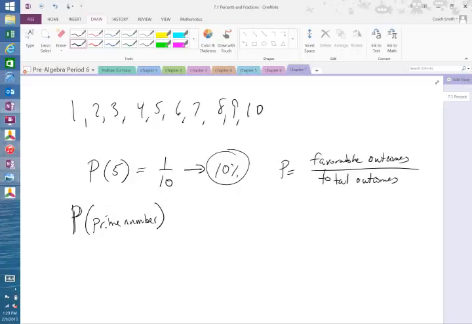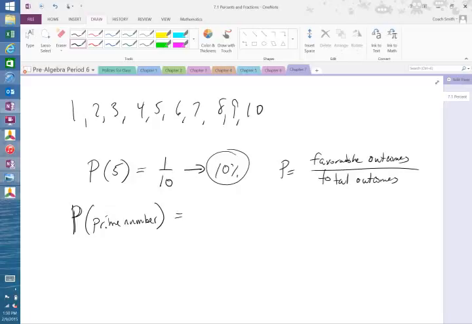No. 5? Name them. Stop. 1's not prime. 1's neither prime nor composite, remember? Primes have to have 2 factors.